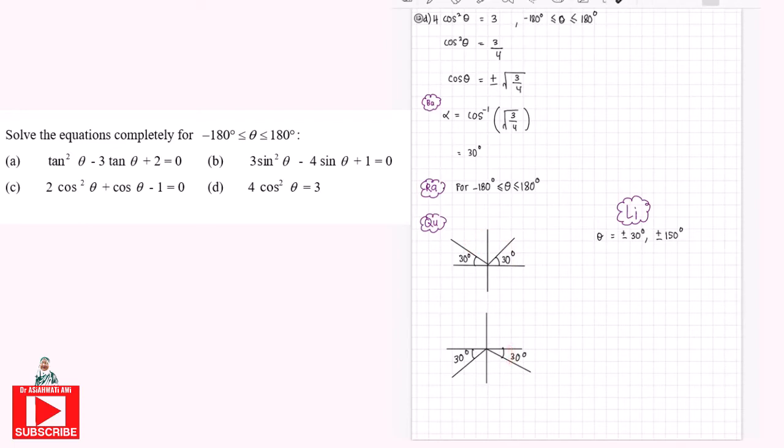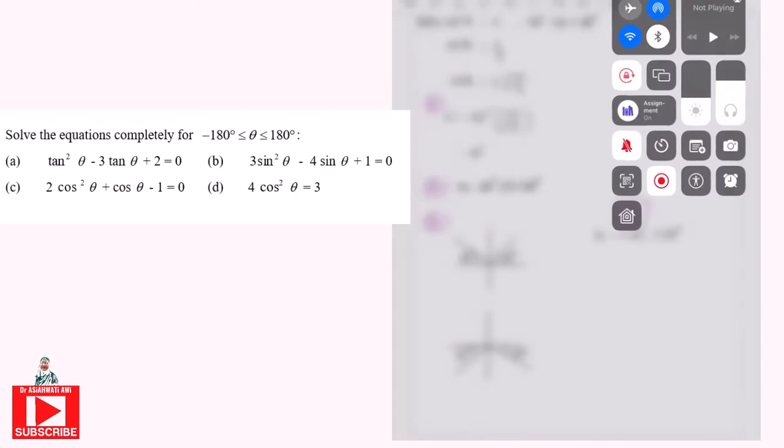So dapat negatif 30 darjah. Lagi satu negatif dalam kurungan 180 tolak 30 darjah. So kita dapat negatif 150. So actually bila kita listkan, kita dapat 4 dia punya final answer. Satu positif 30 darjah, satu lagi negatif 30 darjah. Lepas tu satu positif 150 darjah and satu lagi negatif 150 darjah.